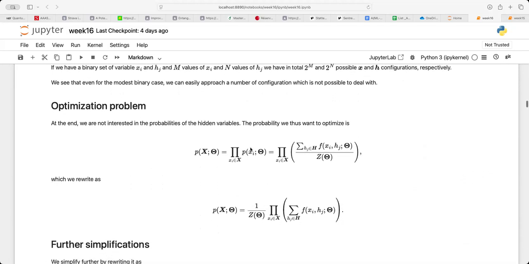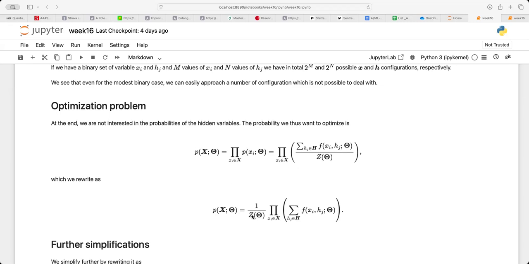The way you actually do this as an optimization problem is, if we look at these products which we have, this is now going to be given by this equation here. This is just a rewrite of what we had on the whiteboard. This is just a constant, the partition function, which you see here.